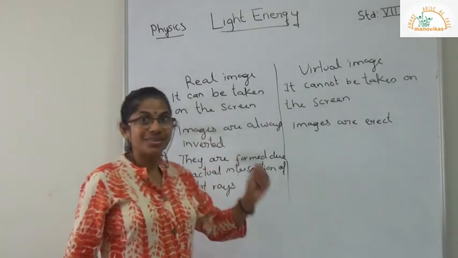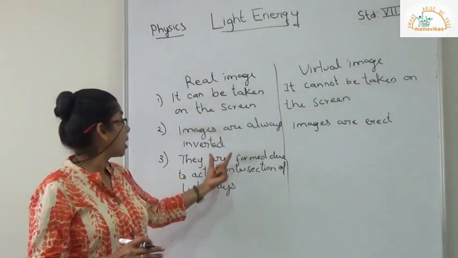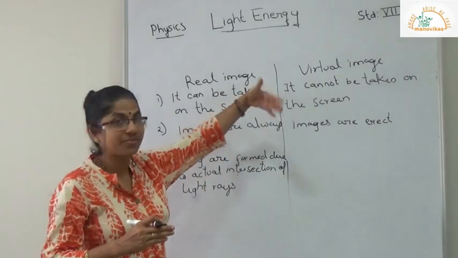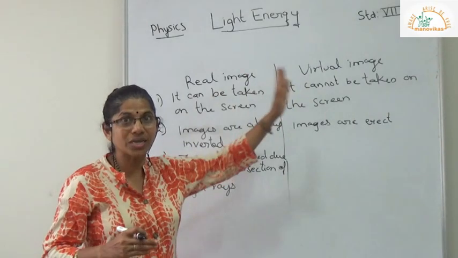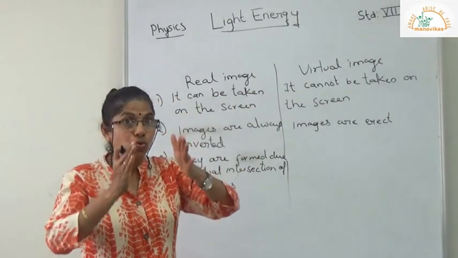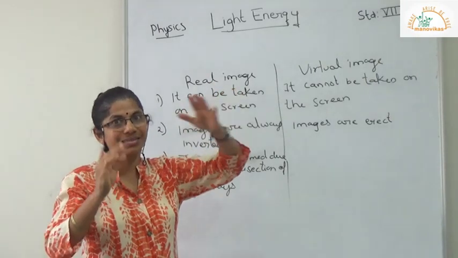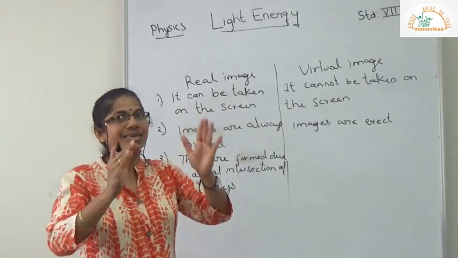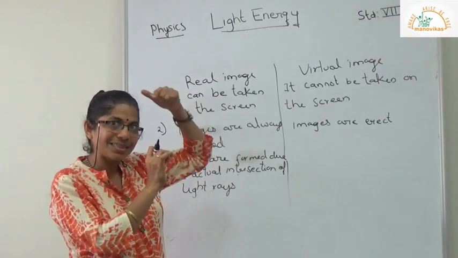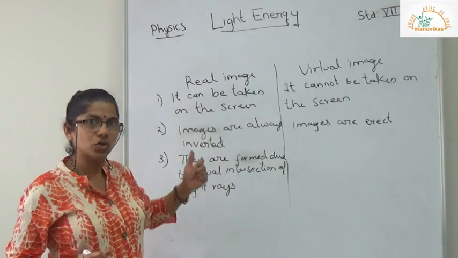Whereas virtual images are not formed due to actual intersection. You all must have seen in the previous two cases when to locate an image you just have to produce dotted lines backward. That means the rays are not actually meeting at that point. They are just being assumed to be produced backwards, and then that is how you get a virtual image.